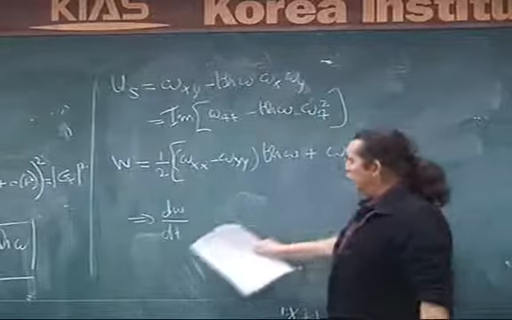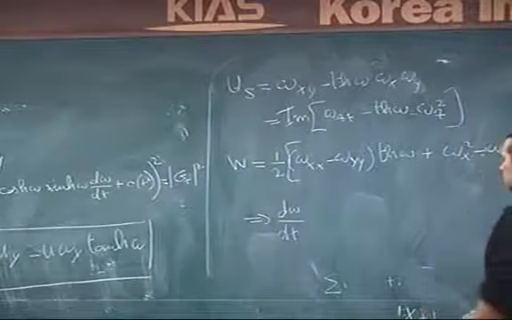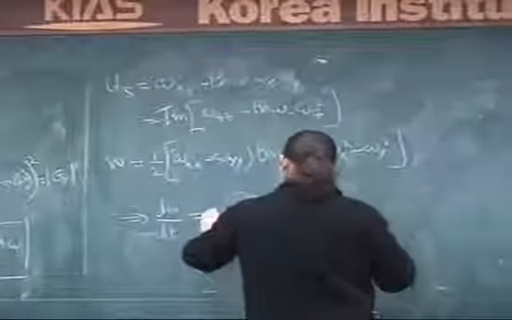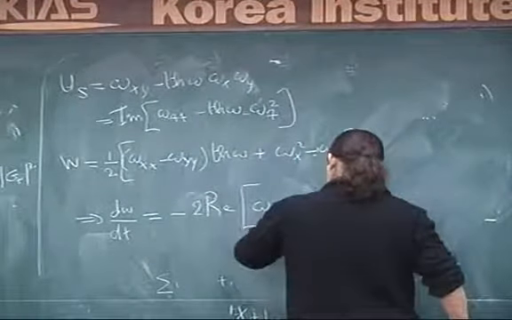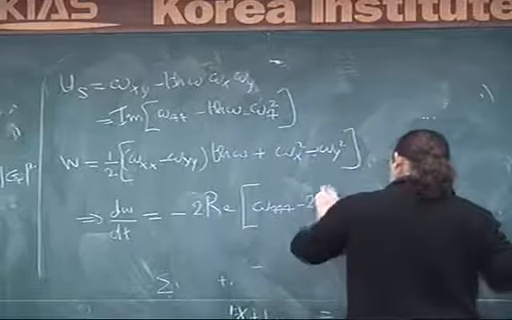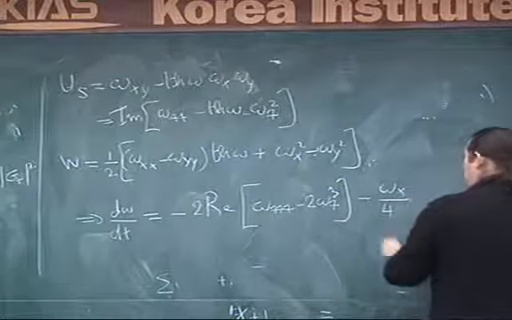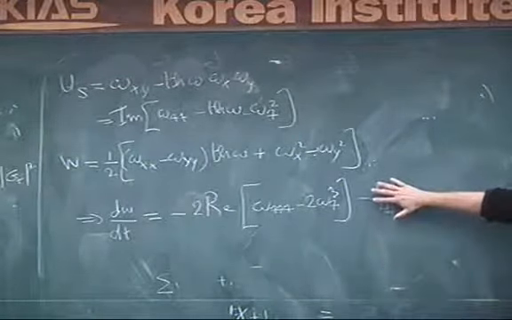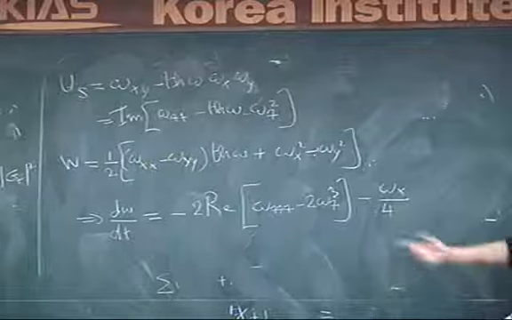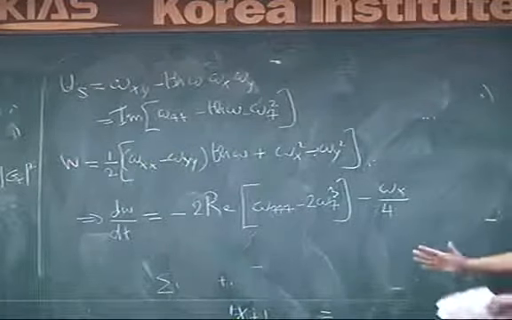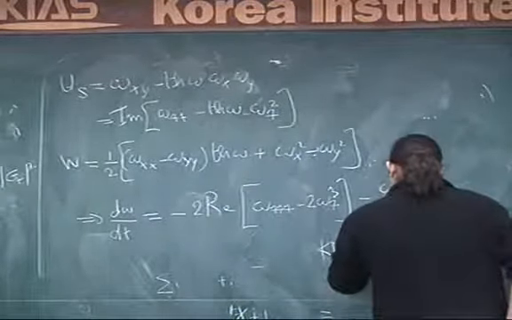And you put all that here, since you have w, and you find that it is minus 2 real part of omega zz minus 2 omega z cubed minus omega x4. And this is the perturbative terms of the Korteweg-de Vries equation, with the terms linear like that. And Korteweg-de Vries equation.